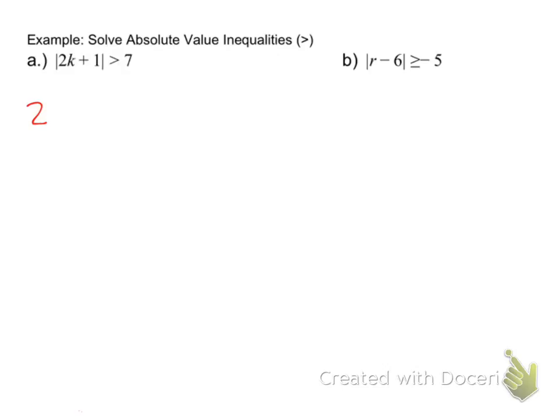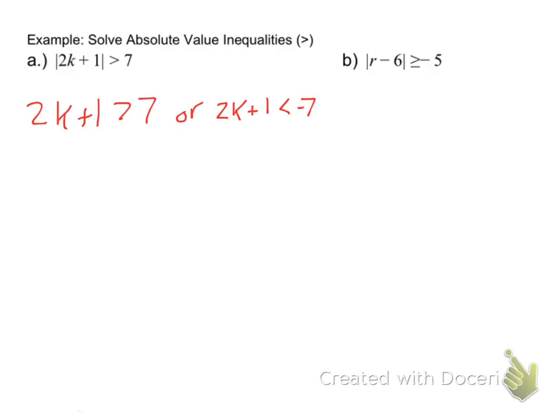Okay, so I get 2k plus 1 is greater than 7. Or what? 2k plus 1 is less than negative 7.